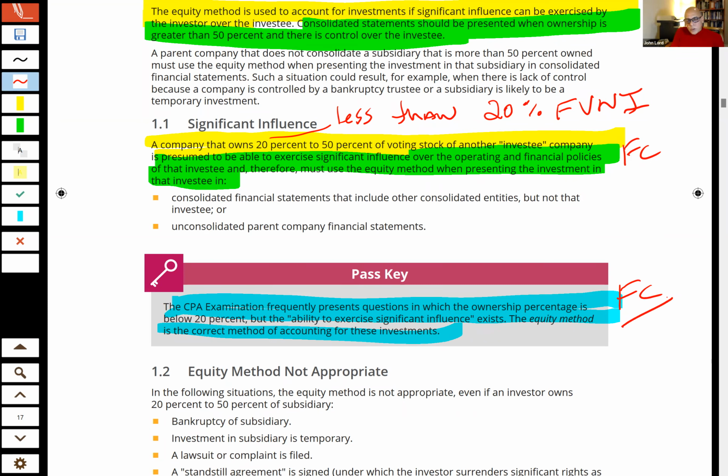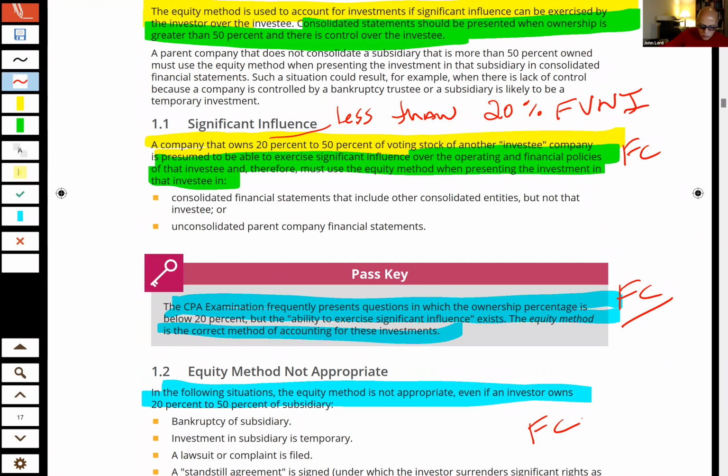A lot of times what you'll see in a question is they'll say, well, they own 20%, but somebody else owns 40%. Well, how can I exercise significant influence if somebody else holds 40%? So they tell us in the following situations, the equity method is not appropriate, even if the investor owns 20 to 50%.